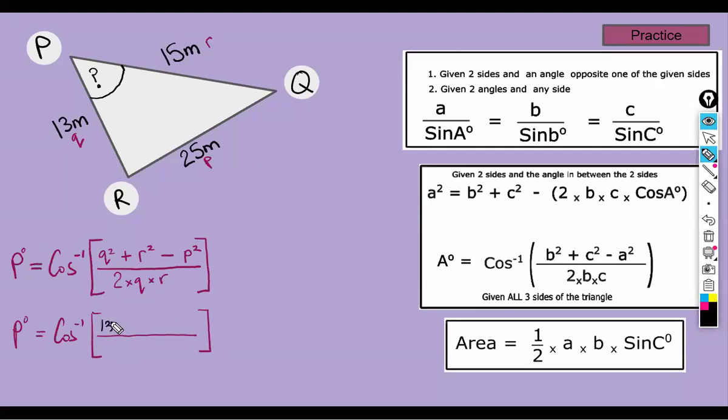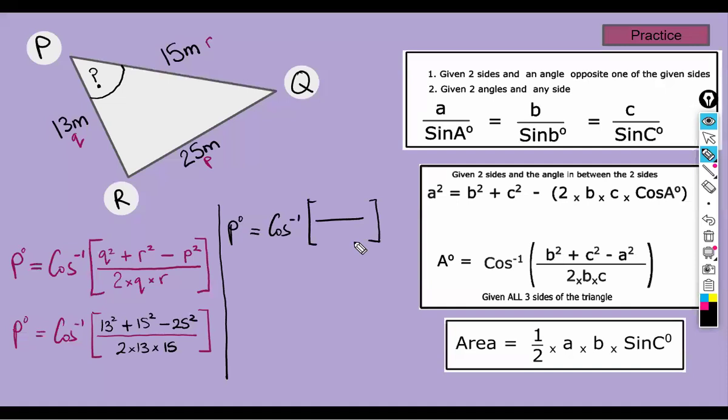13 squared plus 15 squared minus 25 squared. Underneath is 2 by 13 by 15. Great. We're going to work out the top, then we're going to work out the underneath, and then divide. 13 squared plus 15 squared minus 25 squared.